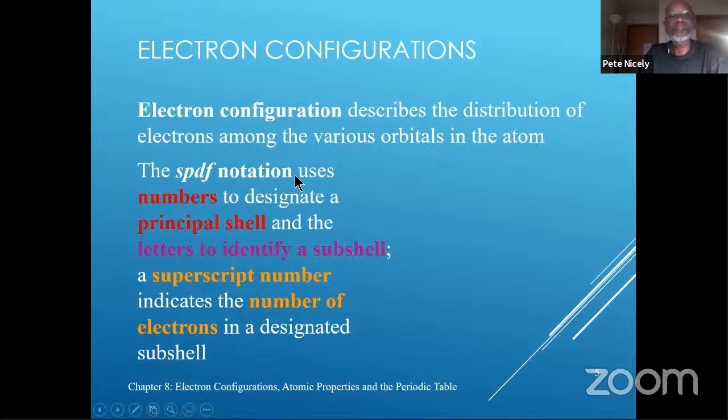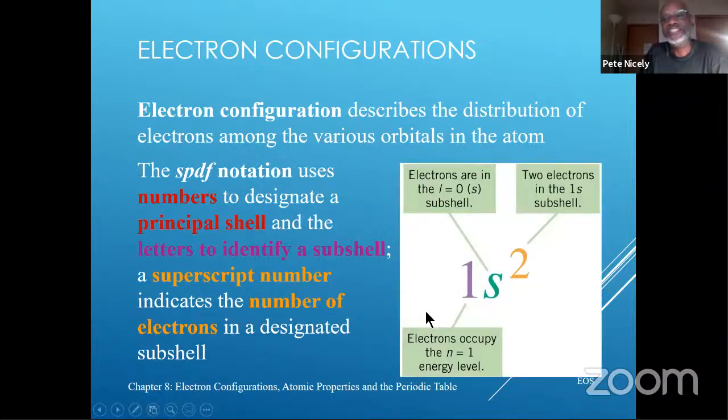Basically, this system uses numbers to indicate the principal shell and letters to identify the subshell. And you have a superscript number which indicates the number of electrons located within the particular subshell. So for example, if you see something like this, the 1 here represents the shell, right? The s here represents the subshell for which l is equal to 0, which is the subshell quantum number.